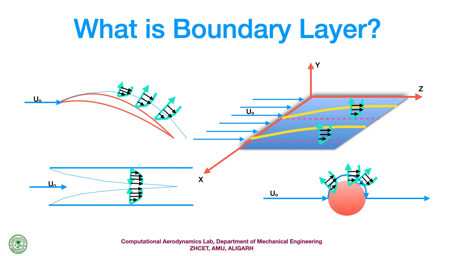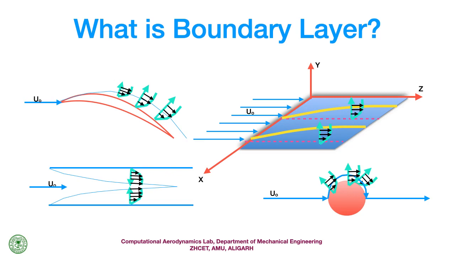So there are 3 regions in this one. One region is very near to the upper plate, and the other viscous dominated region is very near to the lower plate. Now these 2 boundary layers start to grow, and the place where there is no boundary layer, no viscosity, is called the core of the pipe, and there the inviscid flow will be there.